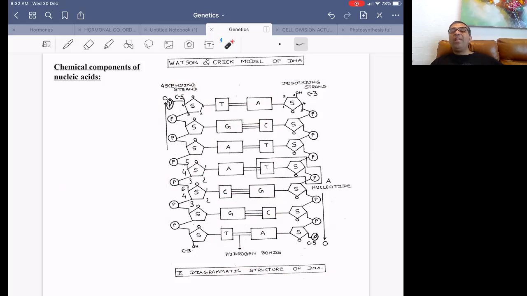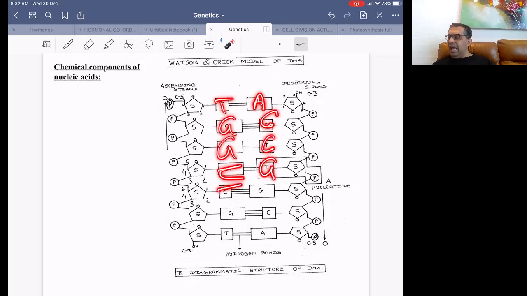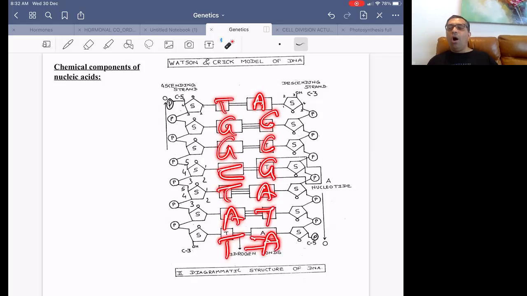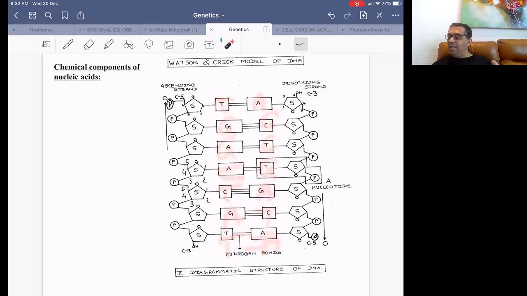So gene number 15,283 is say responsible for forming keratin. तो केराटिन के अंदर सीक्वेंस क्या है? केराटिन में सीक्वेंस है TA, GC, GC, CG, TA, AT, TA, which is different from the gene for color of eyes. And keratin का gene का sequence अलग हो गया, and that sequence forms keratin.